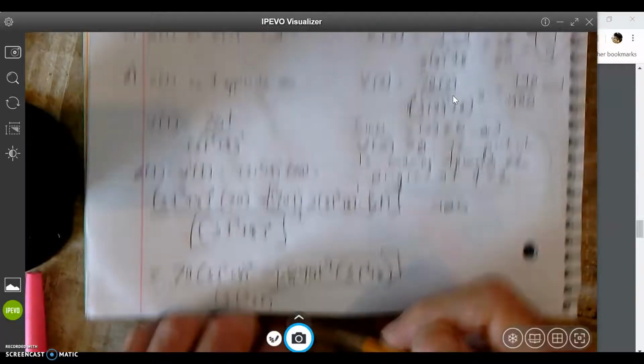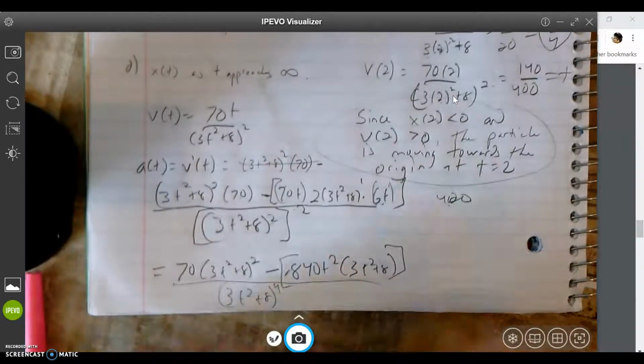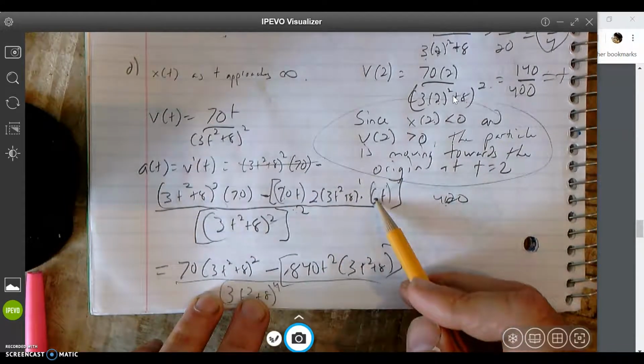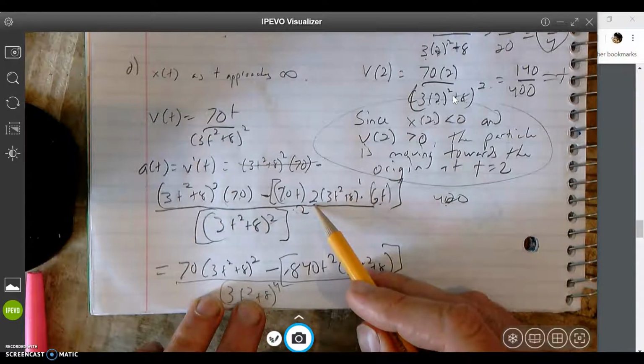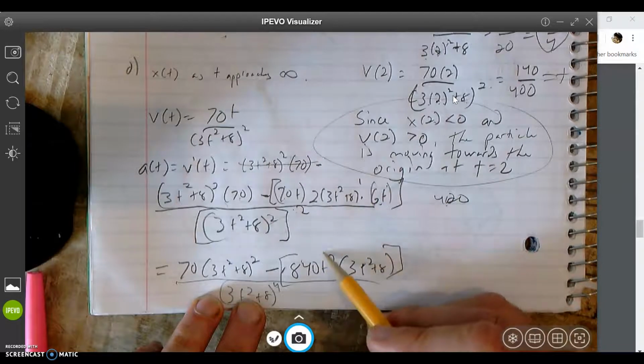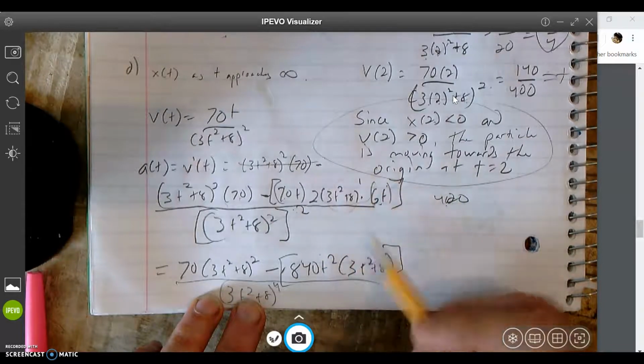Sorry, I can't do that to the 4th. So all I did essentially was I multiplied 70 times 6 times 2, which is 840, and then t times t. That's t squared, and then I have this sitting there right there.